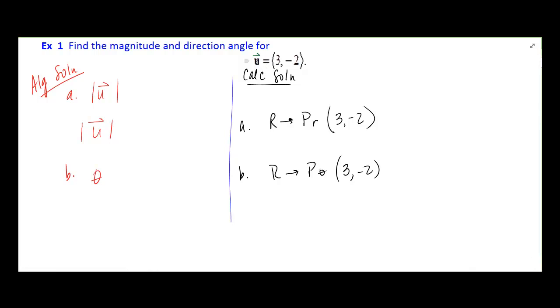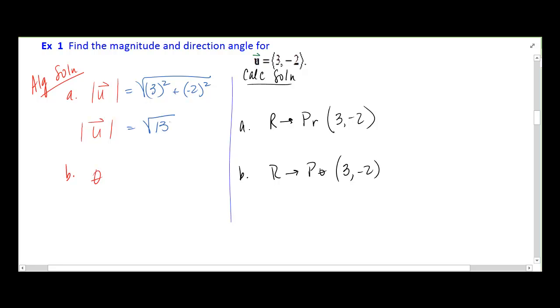Our formula above told us that the magnitude comes from the square root of my a squared term, which would be 3 squared, plus my b term squared, negative 2 squared. So in other words, 9 plus 4 gives me a magnitude for u of the square root of 13.